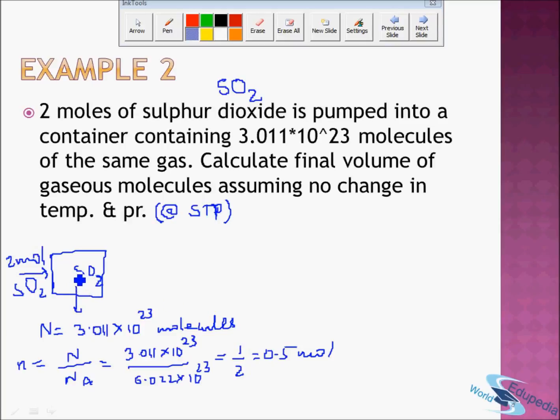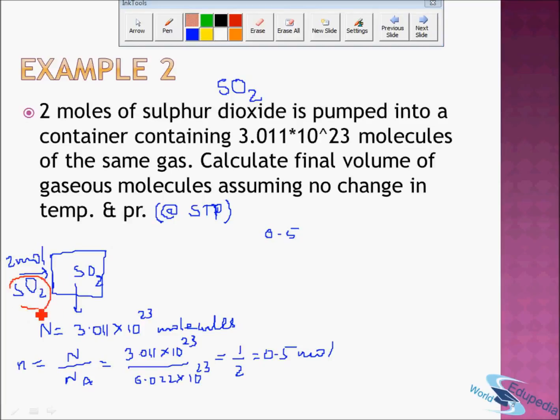Now in the same container, I am purposefully adding 2 moles further of SO2. Okay, since I have increased the number of moles, initially I had 0.5 moles of SO2. Okay, it doesn't matter which gas is present. Though you have been given SO2 in both the cases, we know now that it doesn't matter which gas is given, because Avogadro's law is applicable irrespective of the type of gas.